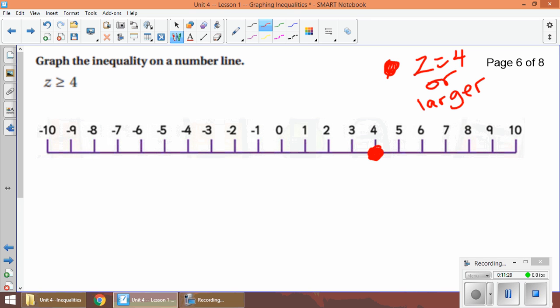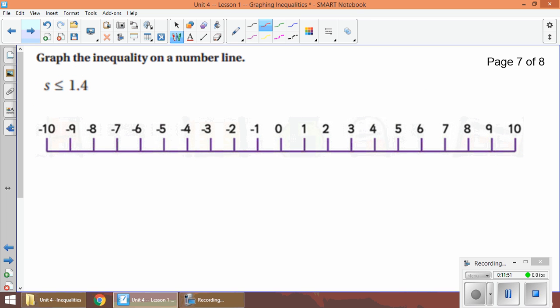So which way are my numbers getting larger, to the right or to the left? And hopefully you're saying to the right my numbers are getting larger. So the closed circle tells me that my solution set here could be 4 or anything bigger. Okay, next example.